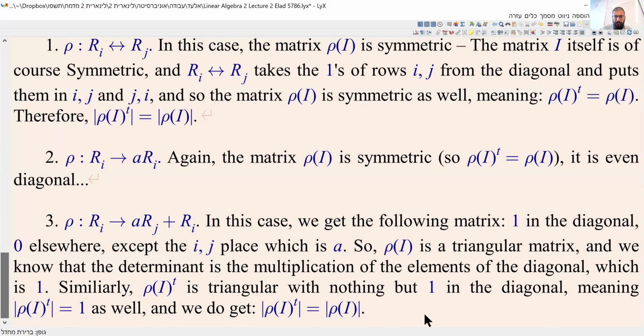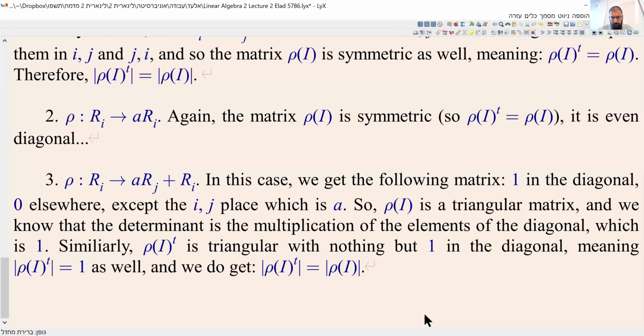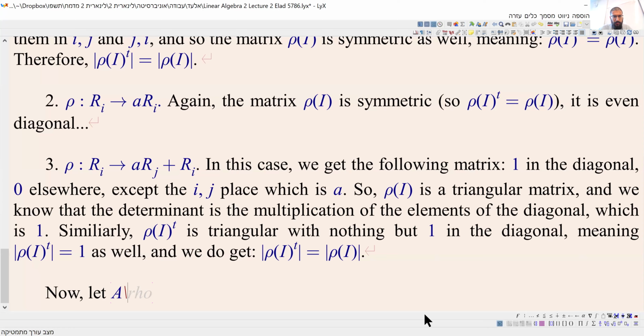Now let A be a matrix of order n. We have two cases: if A is invertible and if A is not invertible.